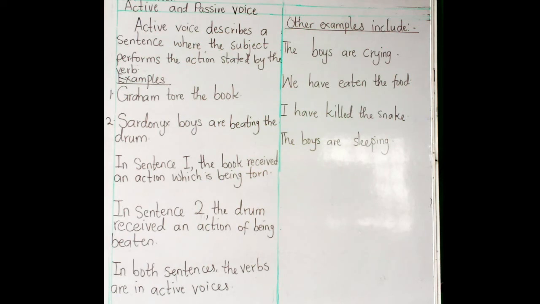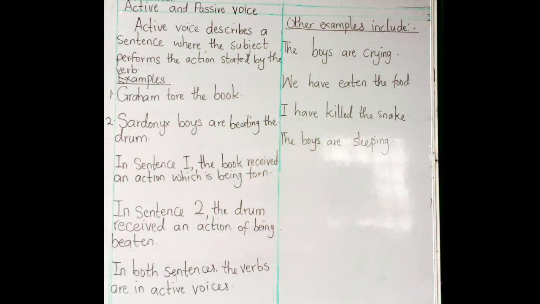So, for now, we are going to a new topic, which is active and passive voice. Now, remember what I always tell you guys in the classroom. Whenever you come across a word, always look out for the verb in that word. Look for the root word.